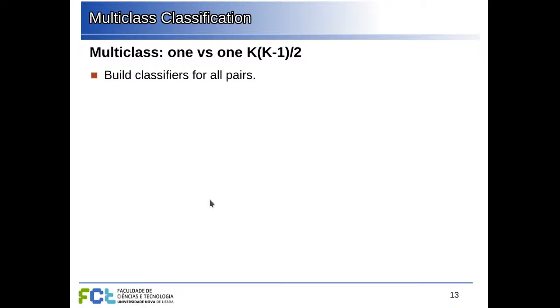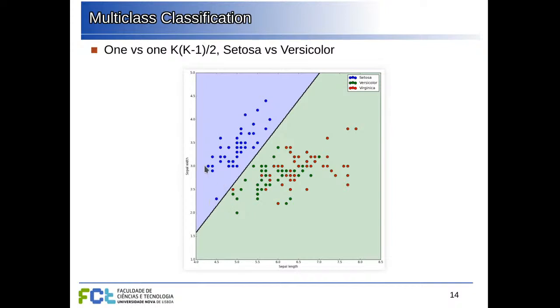So basically, in this case, we need 3 classifiers, one between setosa and versicolor, one between setosa and virginica, and one between virginica and versicolor. So basically, we have 3 classifiers to distinguish between red and green, red and blue, and blue and green.